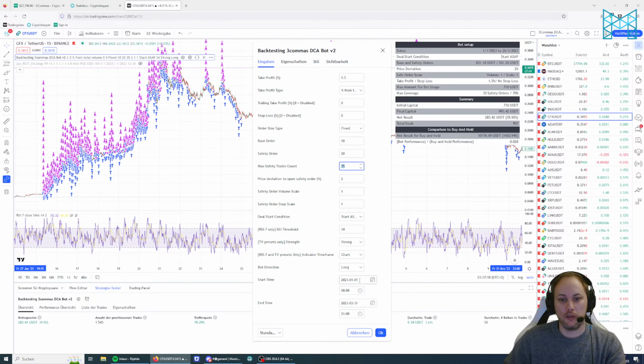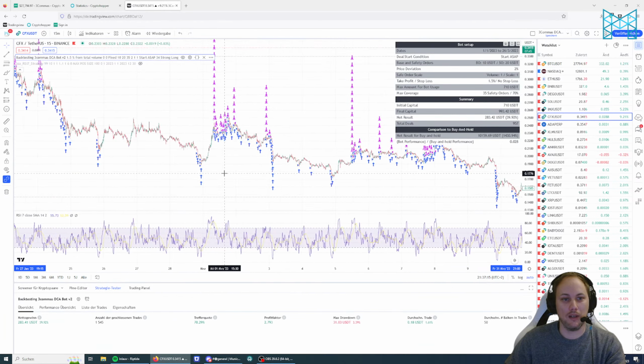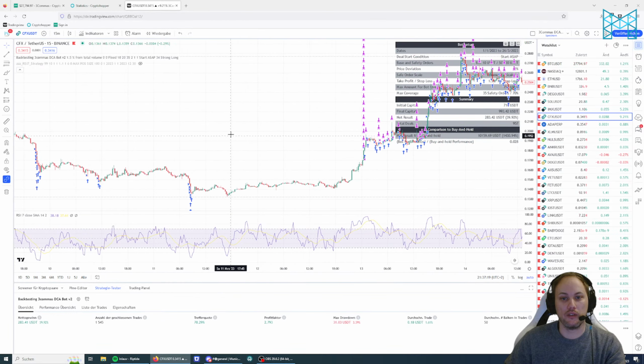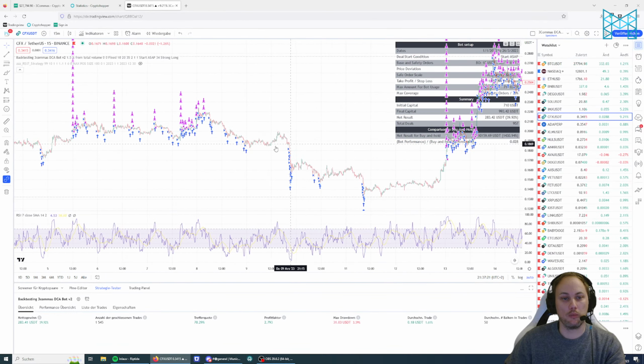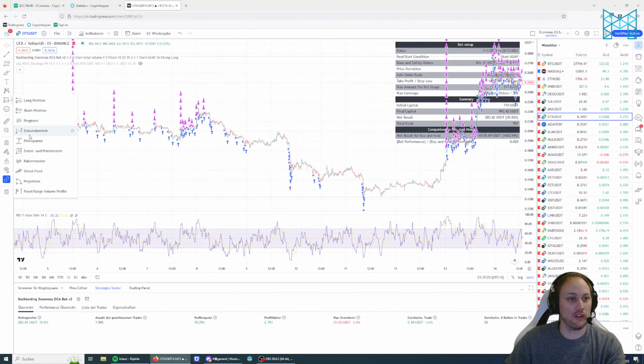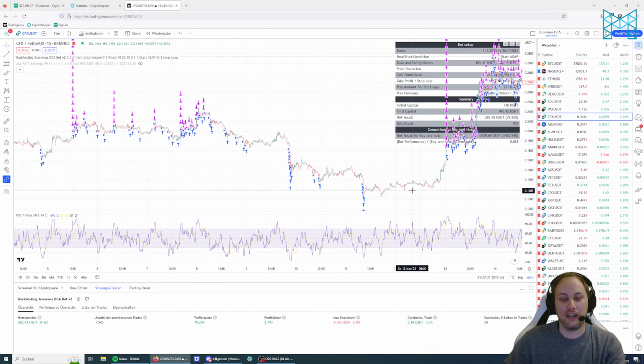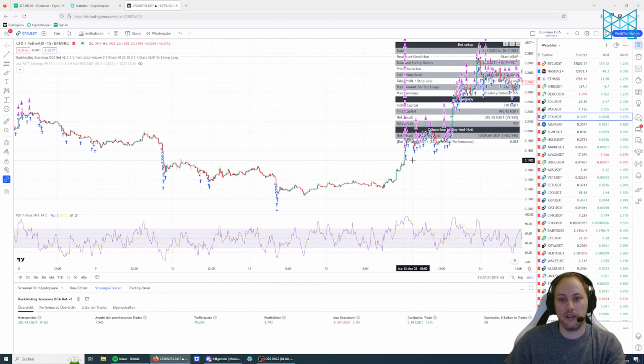So let me check. If we're doing from the 1st of this year until the 31st of March, for me in these settings, what's really important to see now is, okay, we are dropping down here with a percentage of, let's say, 36%. And we are here with the average price, or with the profit zone.